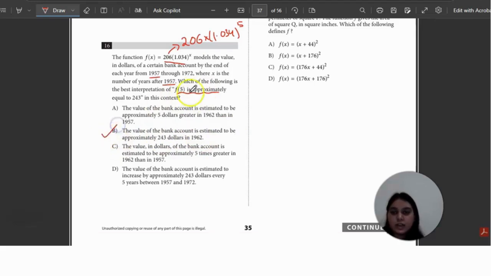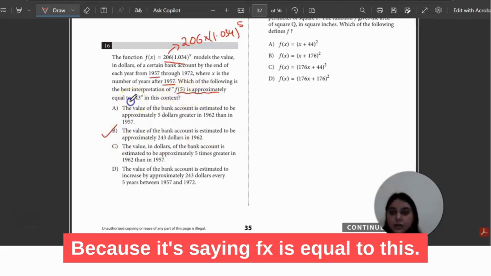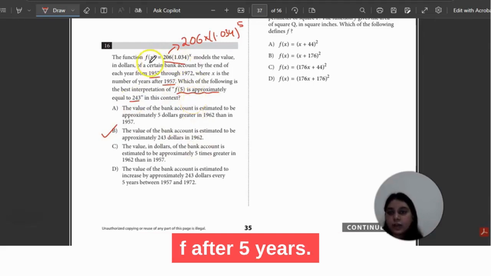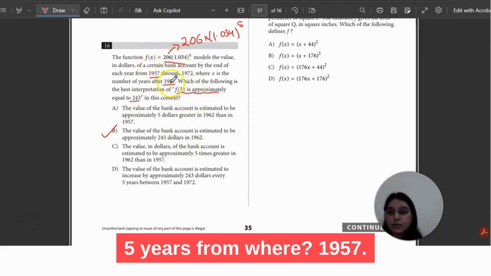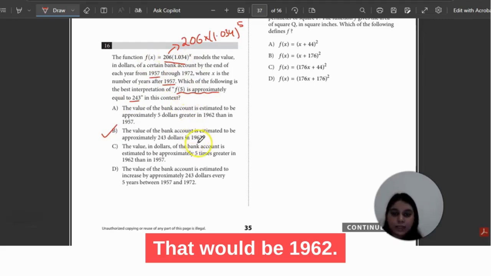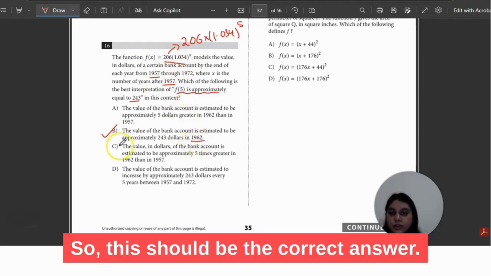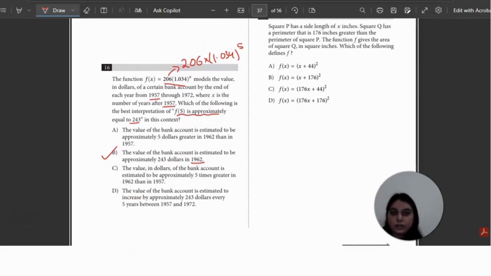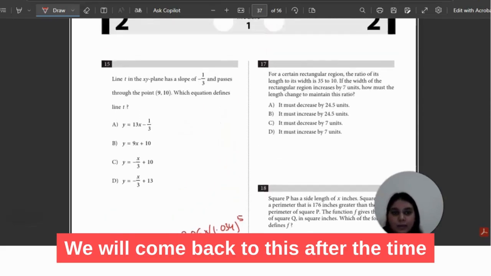So this should be correct because it's saying f(x) is equal to this. f(x) will be the value of f after 5 years. 5 years from where? 1957. That would be 1962. So this should be the correct answer. You can try eliminating the other options also, but we'll go forward. We'll come back to this after the time limit is up.